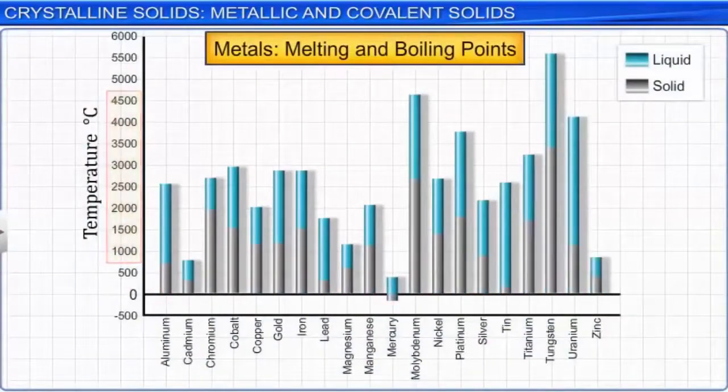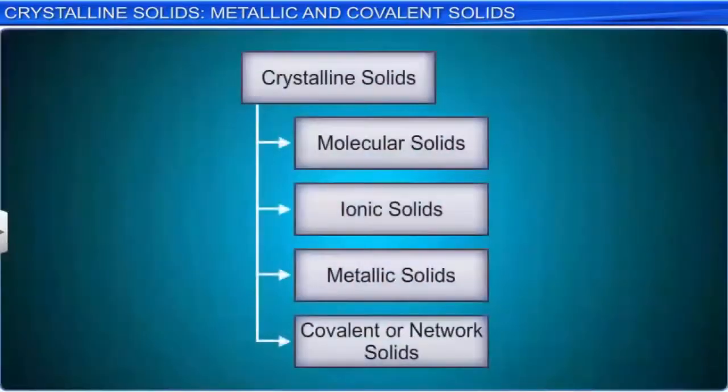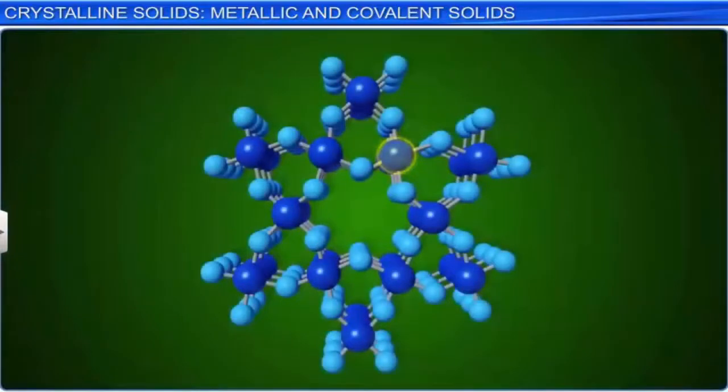The other type of crystalline solids is covalent or network solids. The constituent particles in these solids are atoms. These atoms are held together in large networks by covalent bonds. This interlocking network of covalent bonds extends throughout the crystal in all directions. Hence, covalent solids are also called network solids.